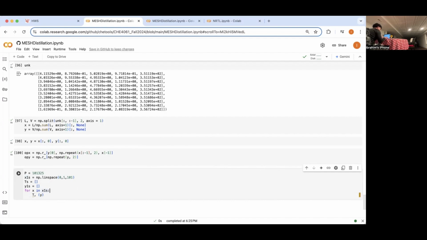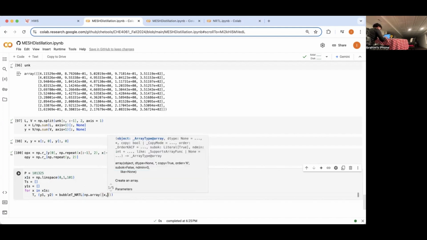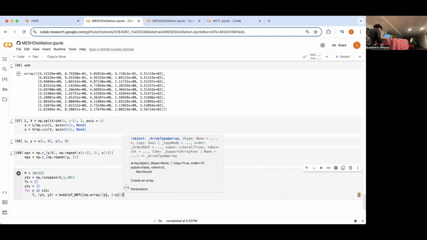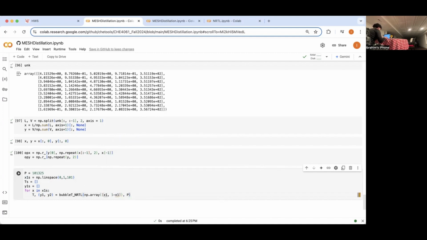So, right, forgot to put a colon here, and then Y1 and Y2. And then this will be equal to our bubble T, our NRTL bubble T. And we're going to be creating an array for, first off, our X's, and then our Y's, which is essentially just 1 minus X1. And then we can have this X1 here. There you go. And then our total pressure here.